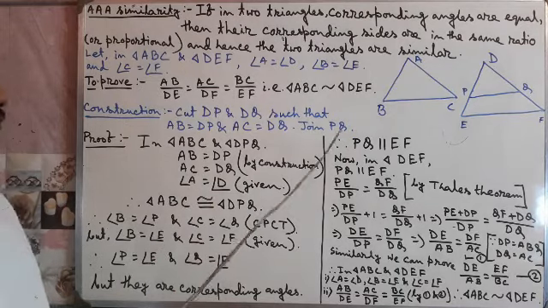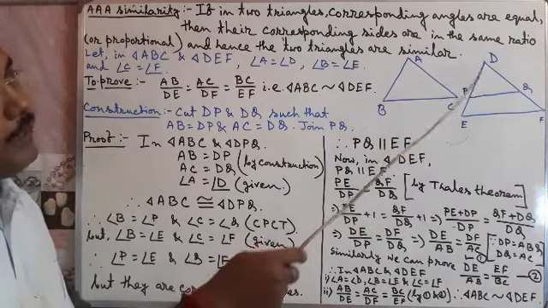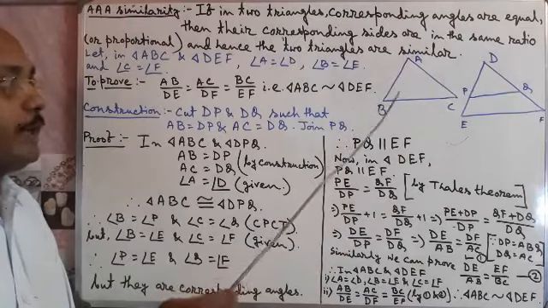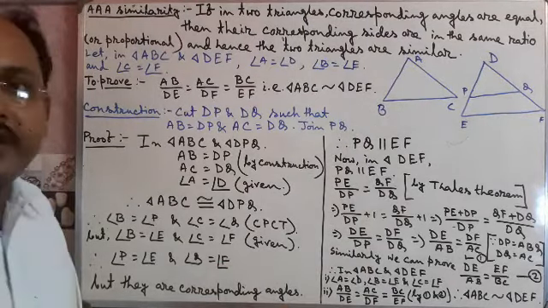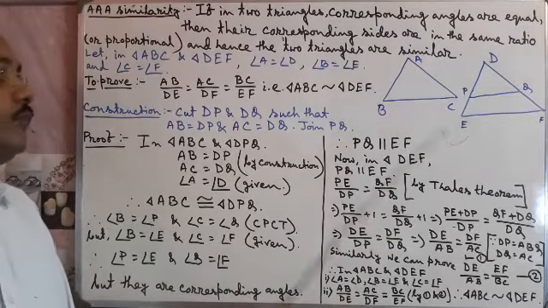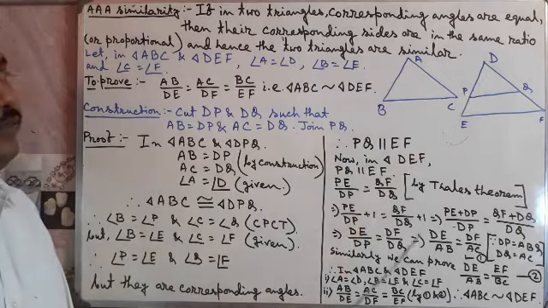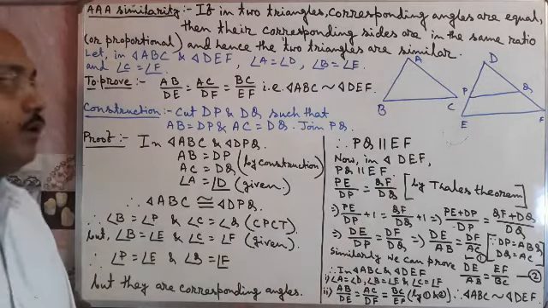To prove this, we need a construction. We cut DP and DQ such that DP is equal to AB and DQ is equal to AC. Join PQ.